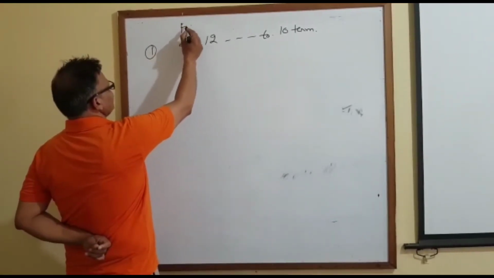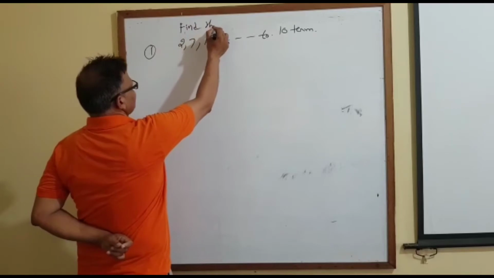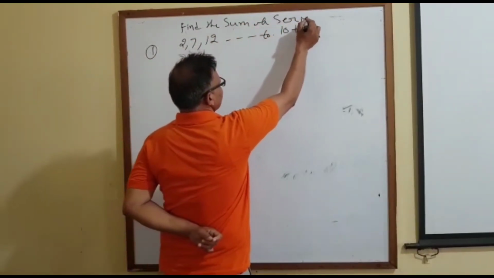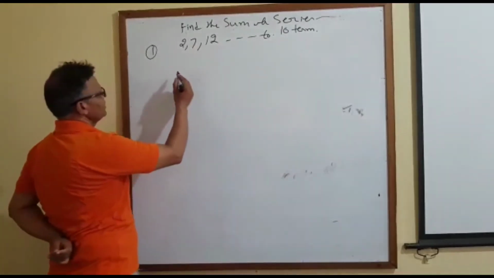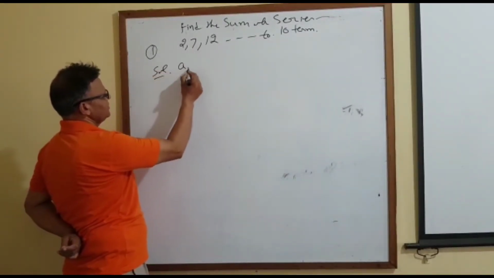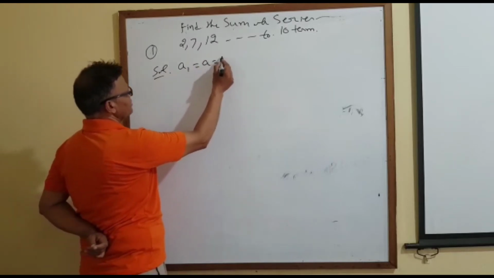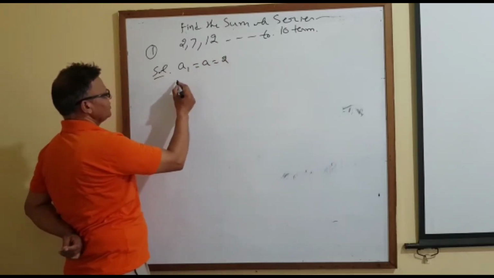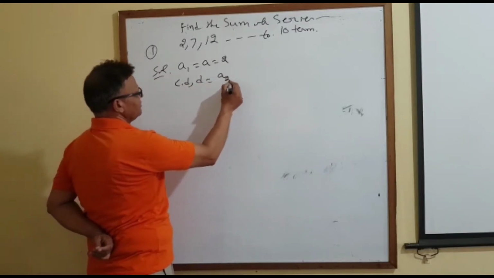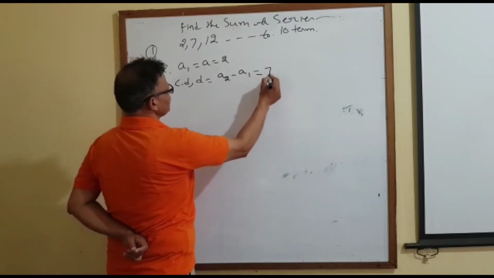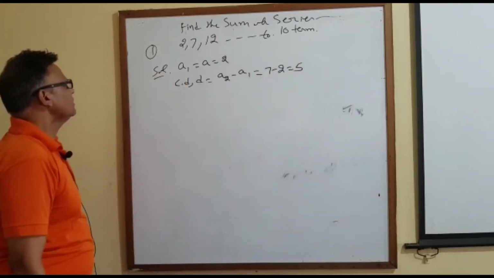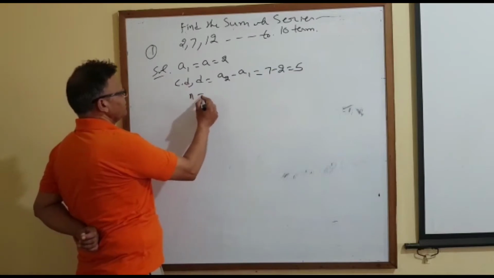So what is the statement? Find the sum of the series. Here first of all we find a1, that is a is equal to 2. Next, the common difference d, second term minus first term. Now n is also given, n is equal to 10.